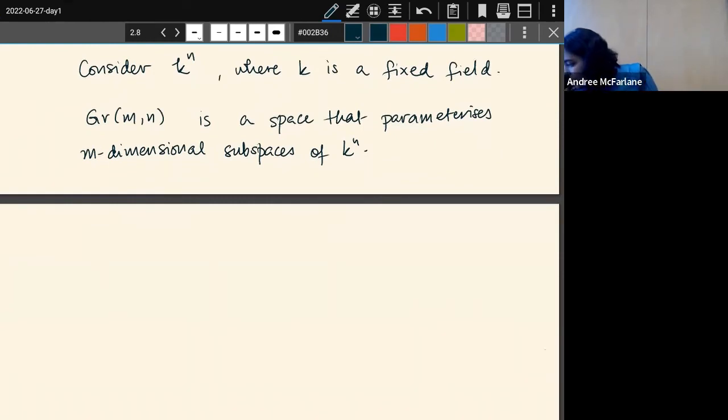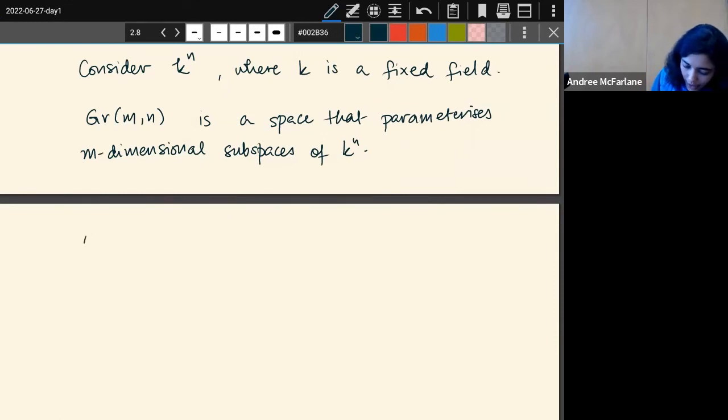So again, this might be something that you've done many times, but how do you write down a point of the Grassmannian? I need to give you an m-dimensional subspace of k to the n. That means m linearly independent vectors.